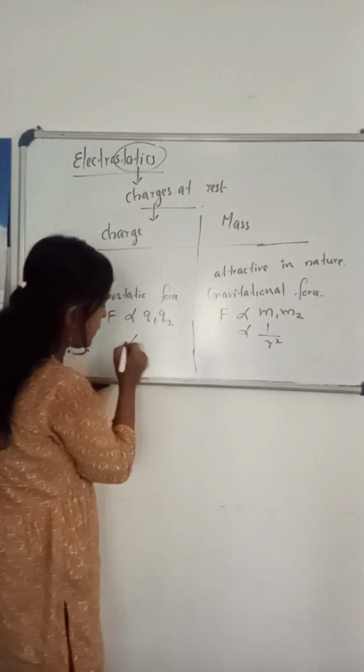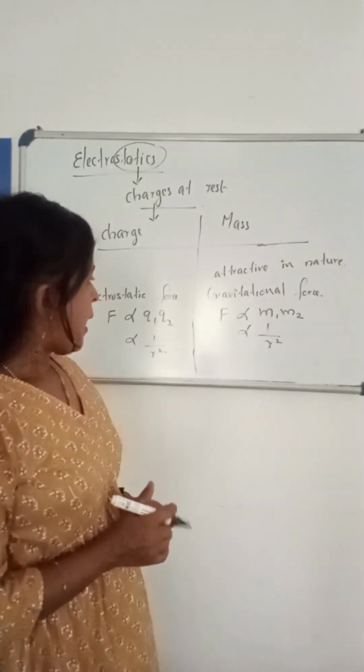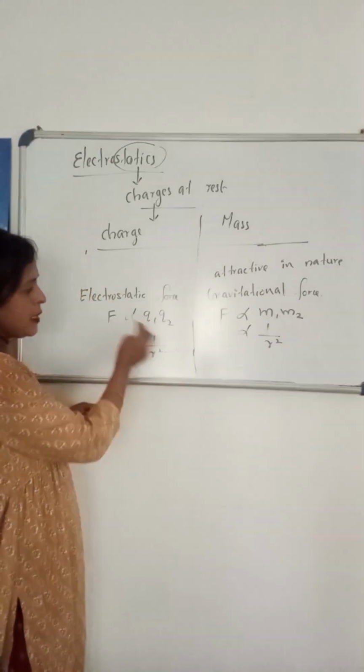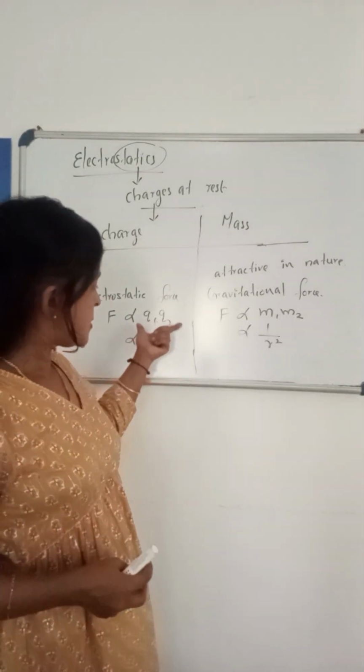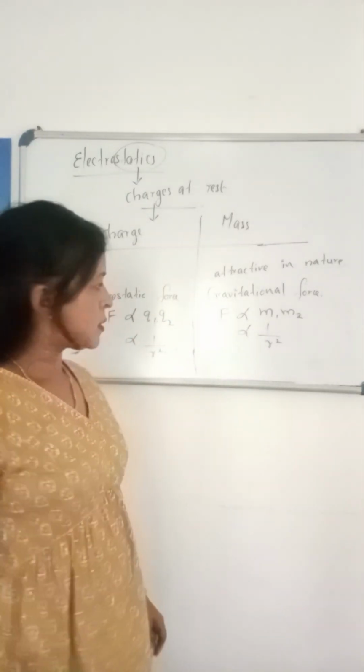Here also we can write 1 by r square. Next we will discuss this equation in detail under Coulomb's law.